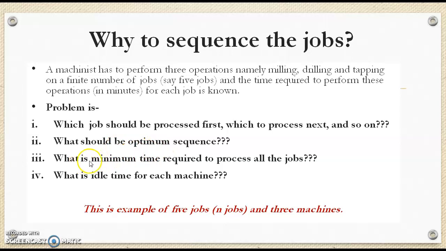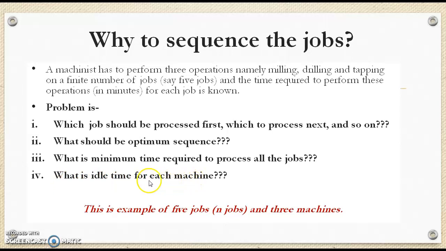Next, we have to find out the total minimum time required to process all the jobs, which is called the total elapsed time. And at last, we should know the idle time for each machine.